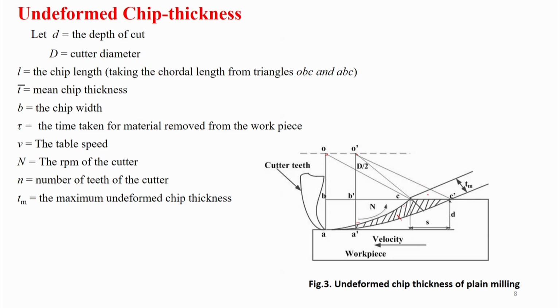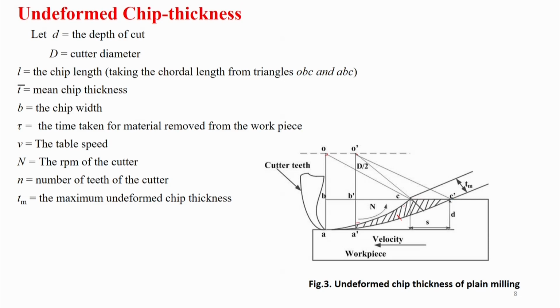Tau is the time taken for material removal from the workpiece, V is the table speed, N is the RPM of the cutter, small n is the number of teeth of the cutter, and Tm is the maximum undeformed chip thickness, which is visible here. That Tm is this one, because when it has moved like this, the next chunk is removed in this way, and it is Tm. So, Tm is this much.